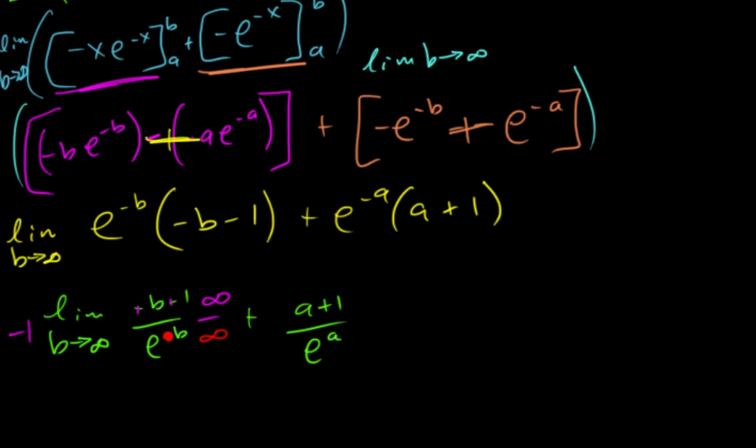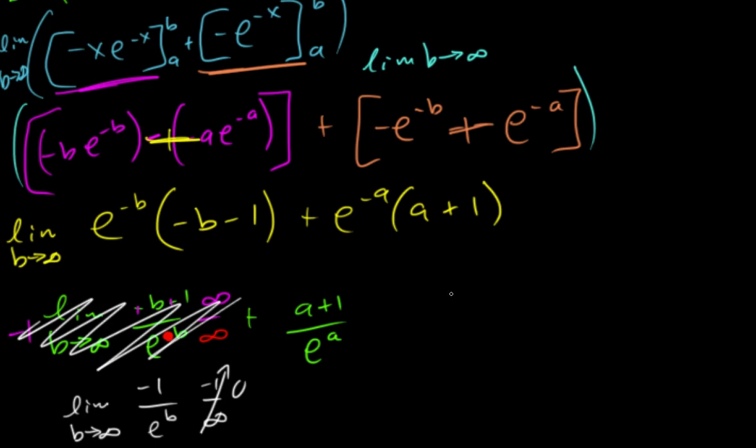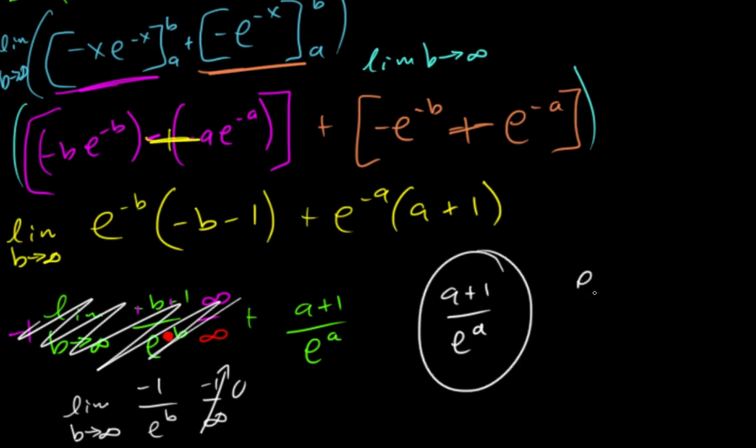So we want to take the derivative of each of these, so that's just going to be 1. I'm going to bring the negative back in from there, and then we're going to get e to the b. So now, if we take the limit as b approaches infinity of that, it's going to be negative 1 over infinity, which goes to 0. So all of this goes away, so we're just left with a plus 1 over e to the a, which is our answer. The book left it as this, which is the same thing.